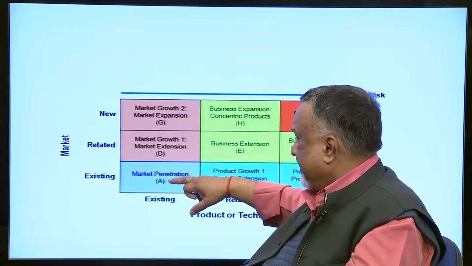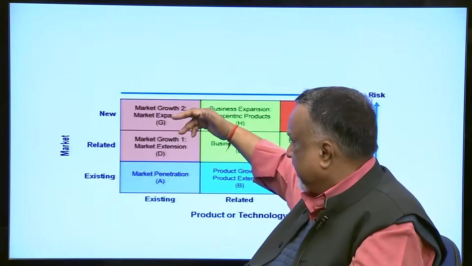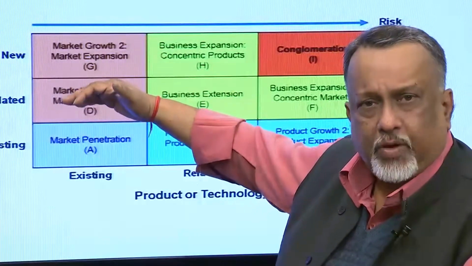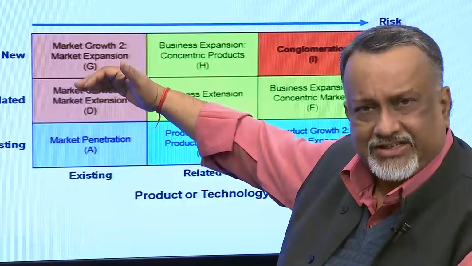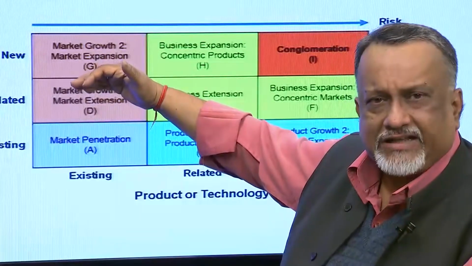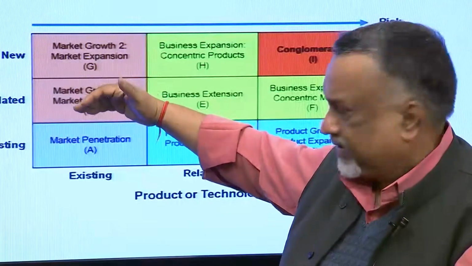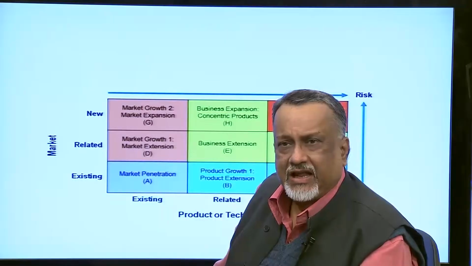And then it can have a related market. Related market means that if you are in the automobile market, it could mean automobile accessories. If you are in the computer market or mobile phone market, a related market could be mobile accessories.